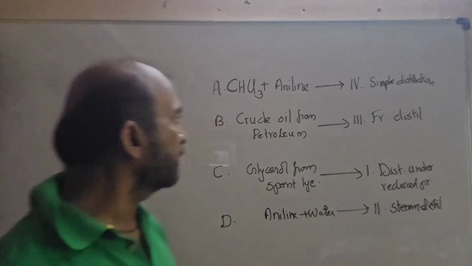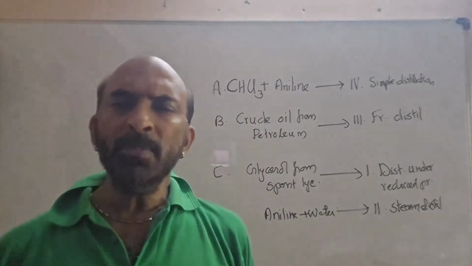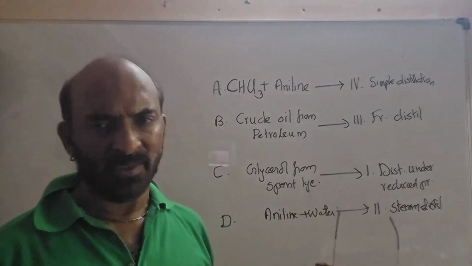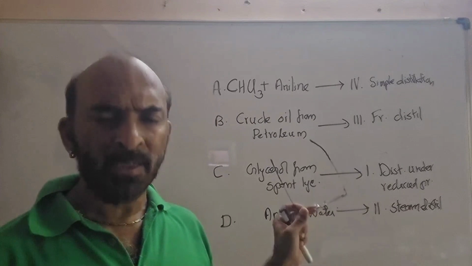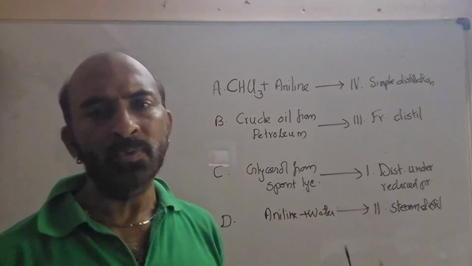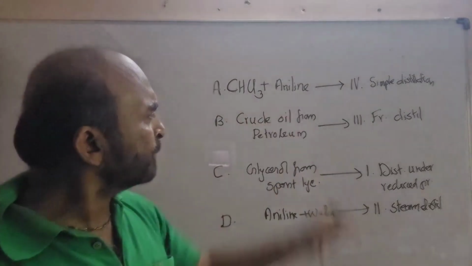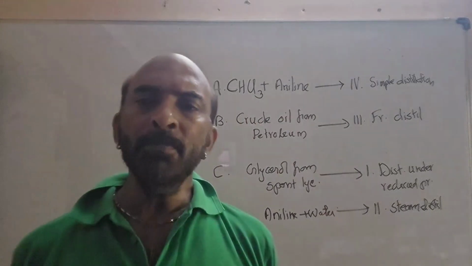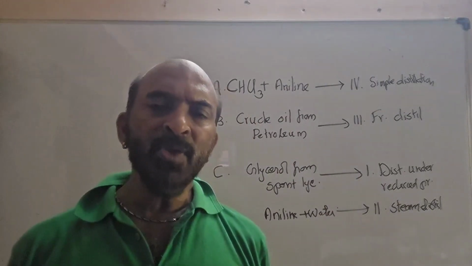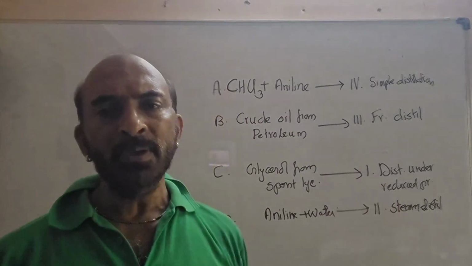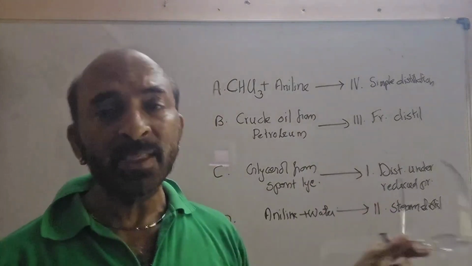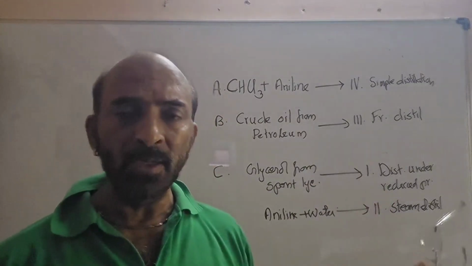See, this question is purely from our textbook because all these are given as examples. Nothing from outside. Chloroform plus aniline, if you remember, in simple distillation, we have given this as an example. They differ very much in their boiling point, around 100 degrees or so.